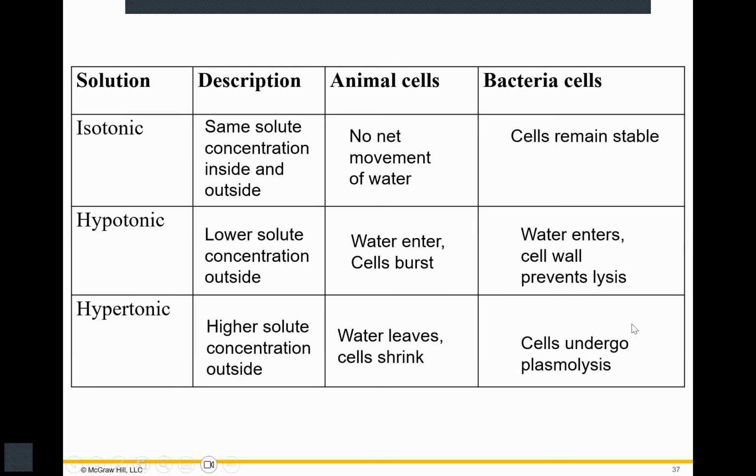In the case of a bacterial cell in a hypertonic solution, the cell will lose water, but instead of the cell shrinking, it will go through what we call plasmolysis, where the cell wall separates from the cell membrane and the cytoplasm also shrinks.